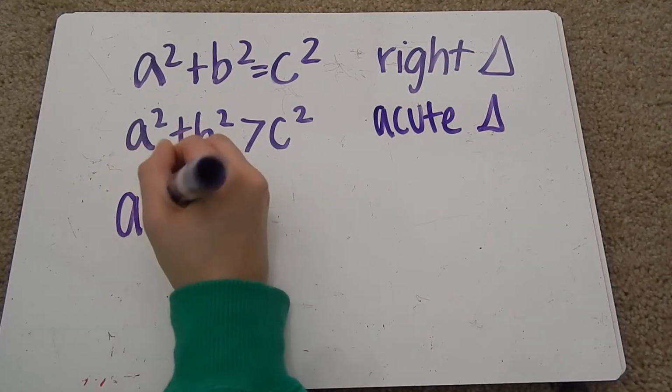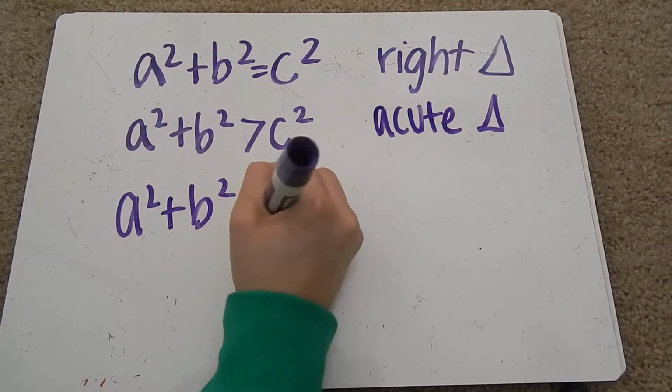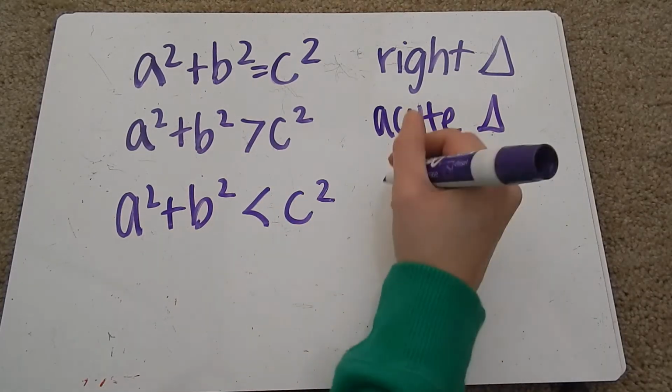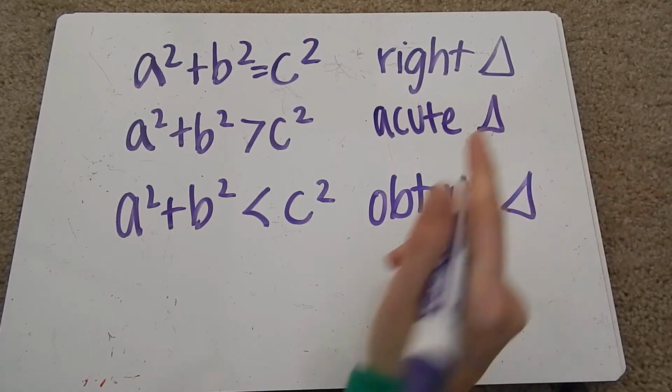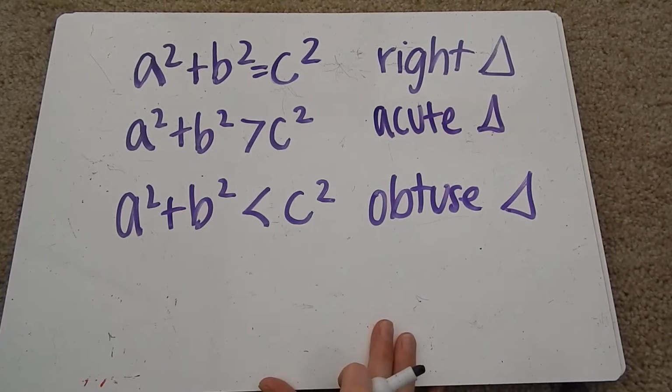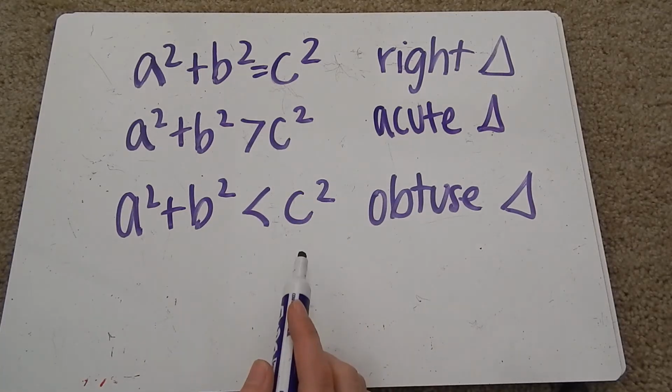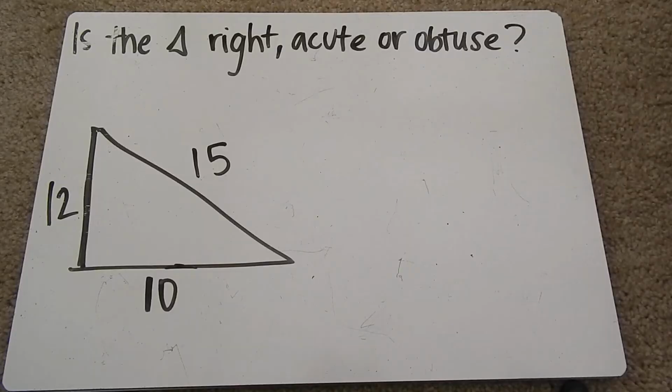If a squared plus b squared is less than c squared, that's going to be an obtuse triangle. So in our examples, we're going to determine if it's right, acute, or obtuse based on these inequalities and this equality. So let's get to our first example.